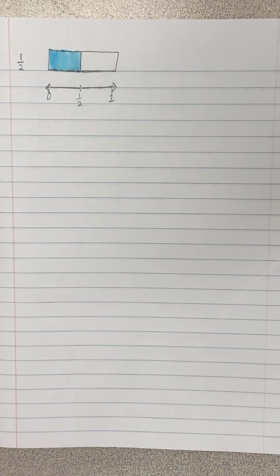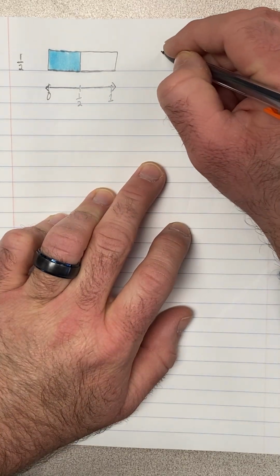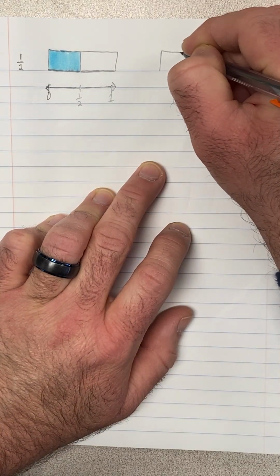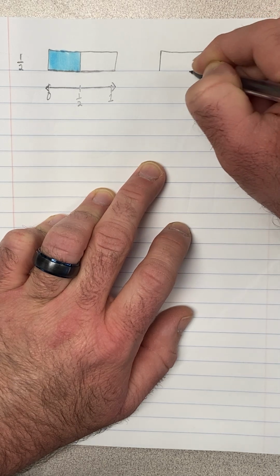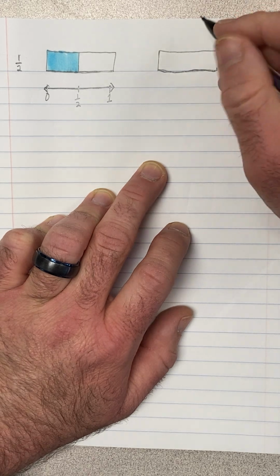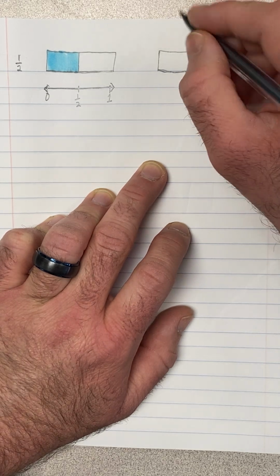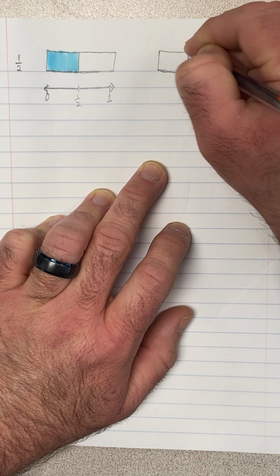So we're going to look at finding some equivalent fractions for 1/2. I'm going to draw a second model. I'm going to make it as close to the same size as my first, and I'm going to part it in half.